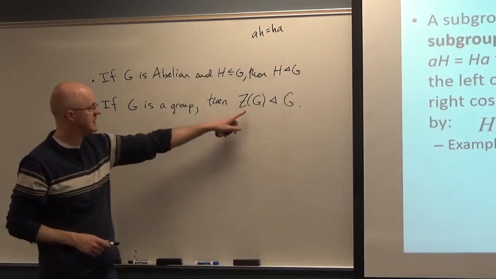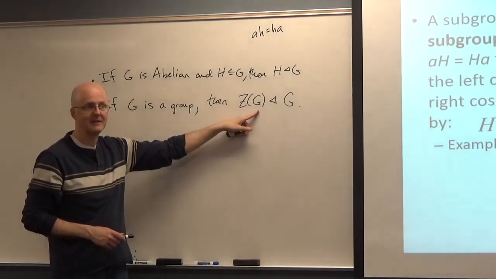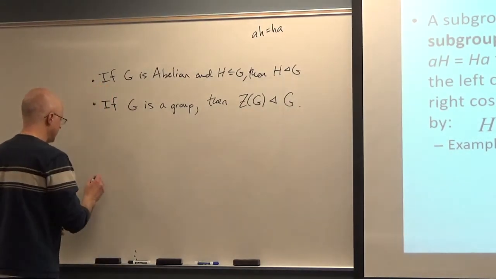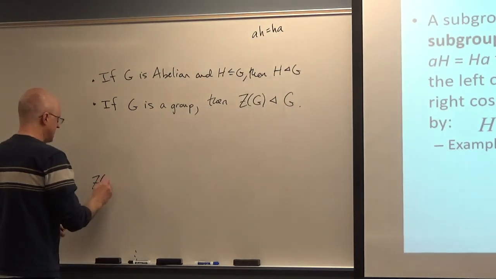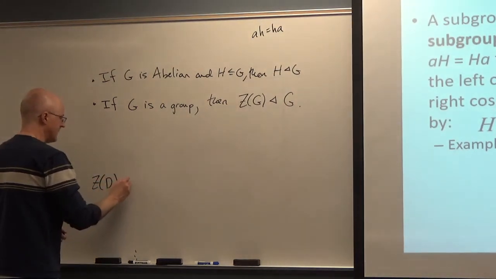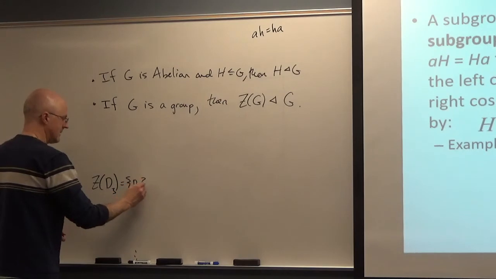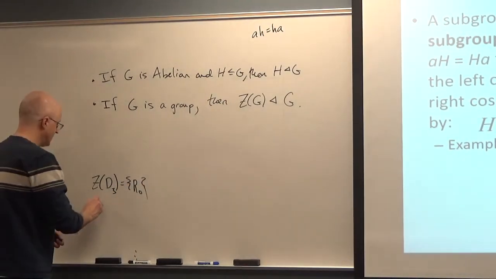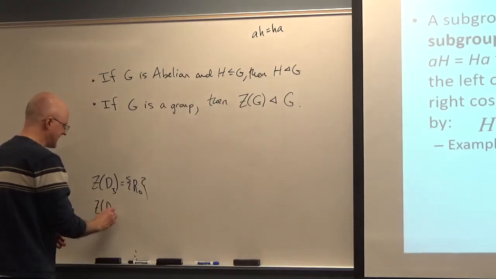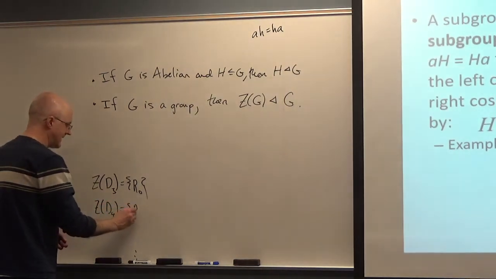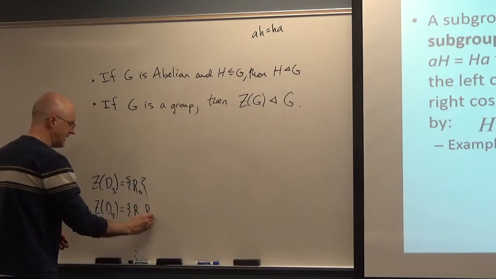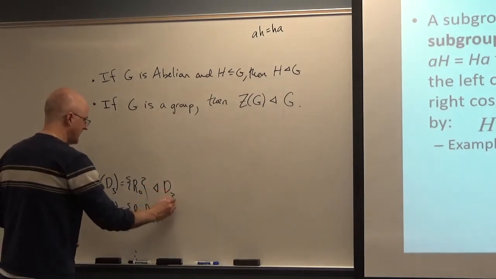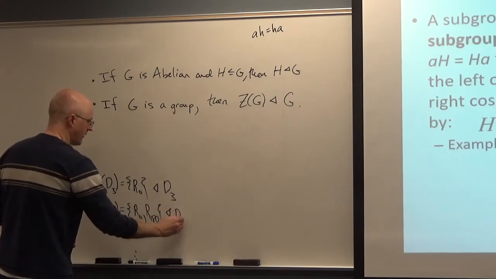The center is everything in G that commutes with everything else in G. It might just be the identity that commutes with everything else. That is true, for example, with D3. It's just the identity. D4 has more than just the identity in the center. It's got the identity and also R180. This is a normal subgroup of D3. This is a normal subgroup of D4.